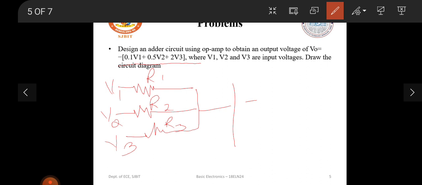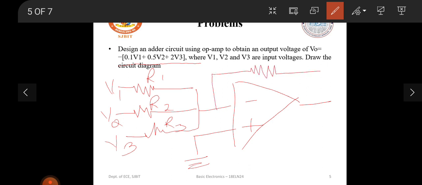These should be connected to the negative terminal of the operational amplifier, and the positive terminal is grounded. Now I have a feedback resistance RF with output voltage V0. So this is the circuit of the adder, the operational amplifier circuit with three different voltages connected together.